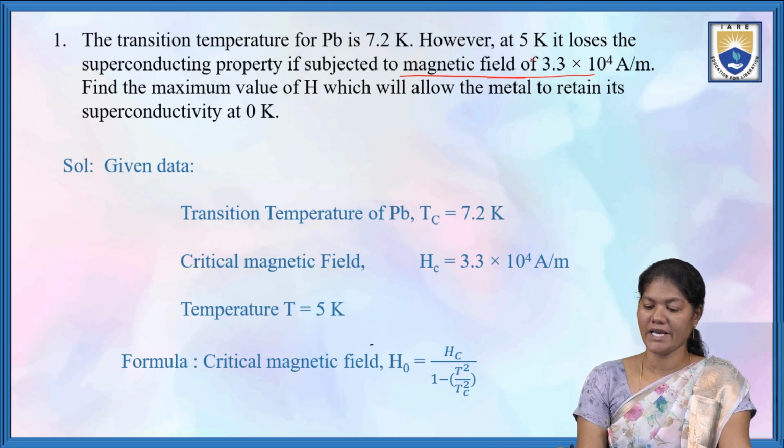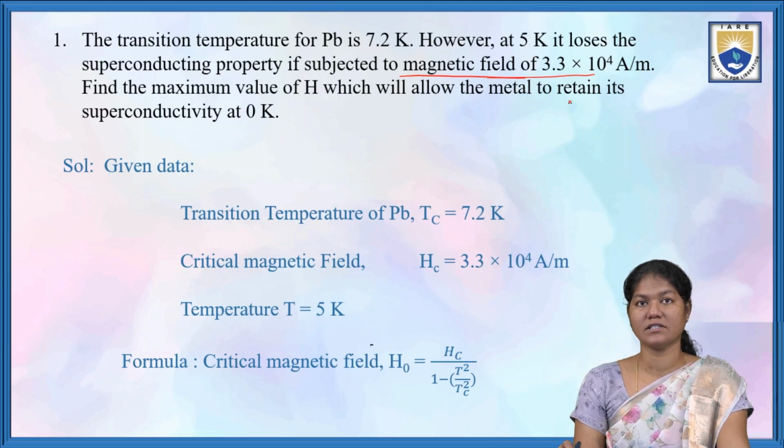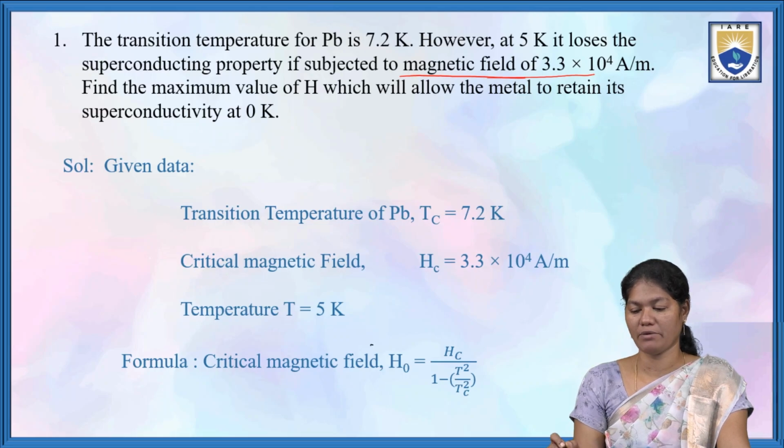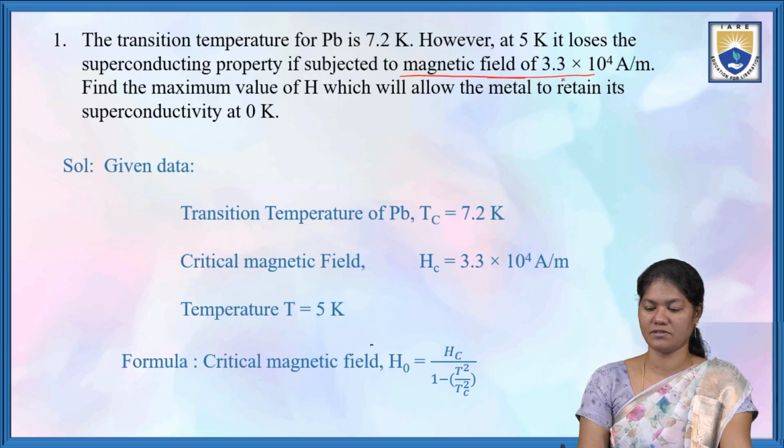So at 5 degree Kelvin, it loses the superconducting property if subjected to a magnetic field of 3.3 into 10 power 4 ampere per meter. So this is the critical magnetic field.